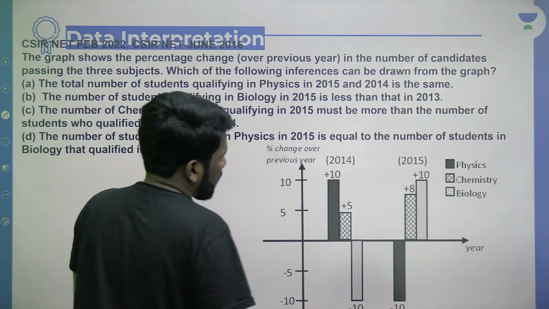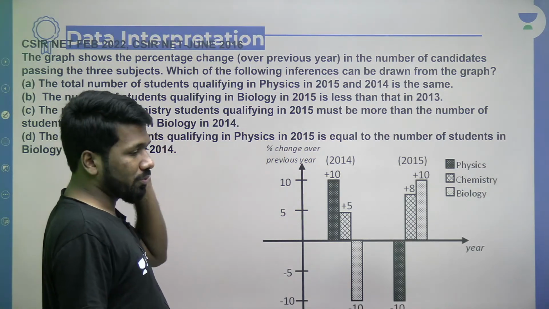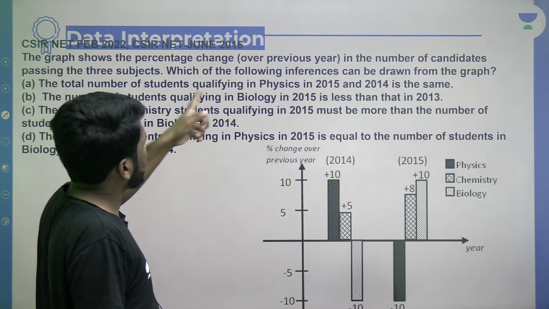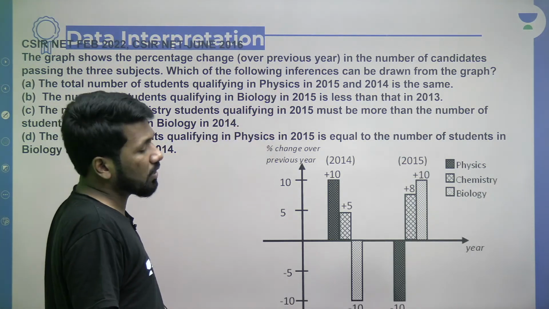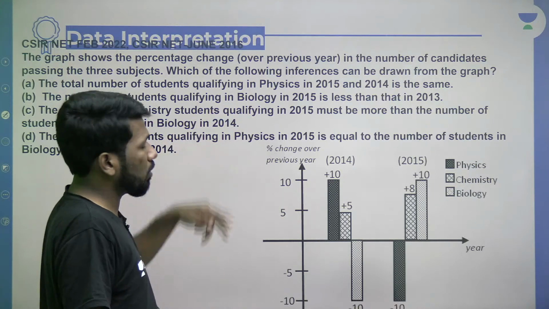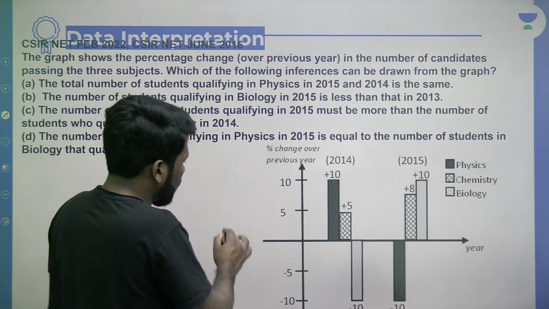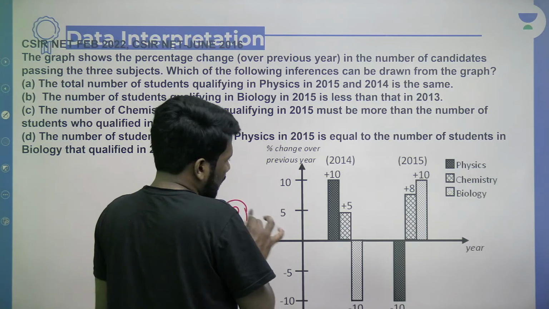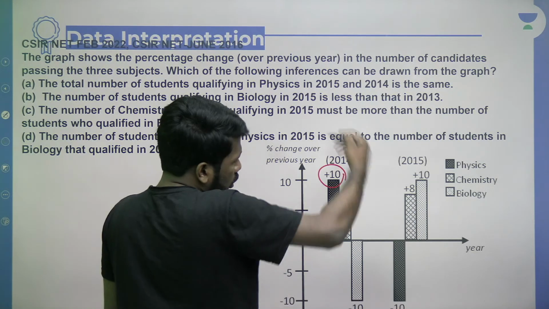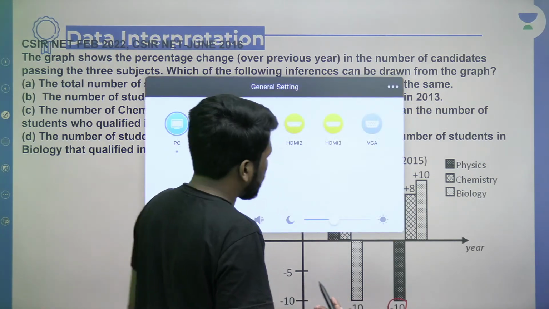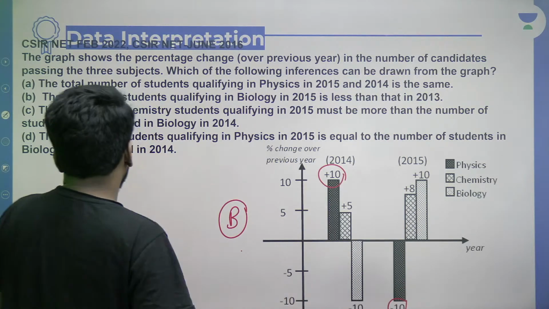Now you may be telling that I have done that in first two options. First two options I have done that because that is comparing physics only in first option, biology only in second option. So whatever value you take, that value is 10% and that new value is 10% reduced. So that comparison is totally okay.